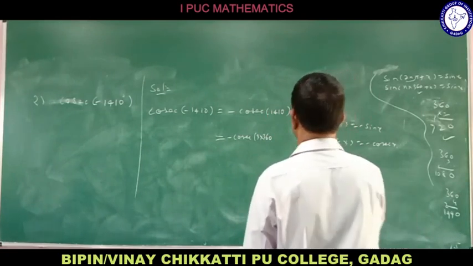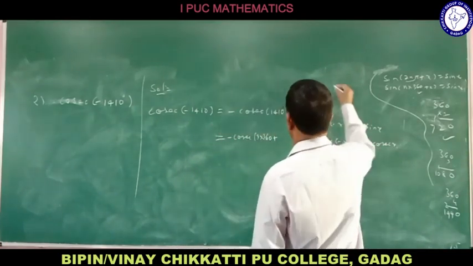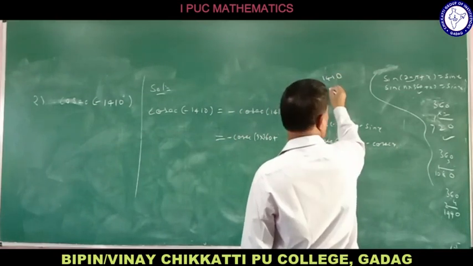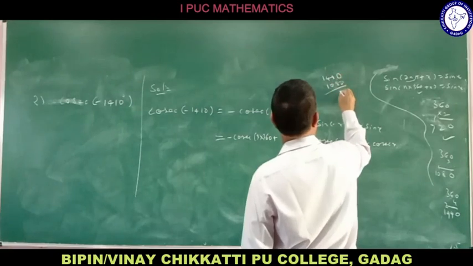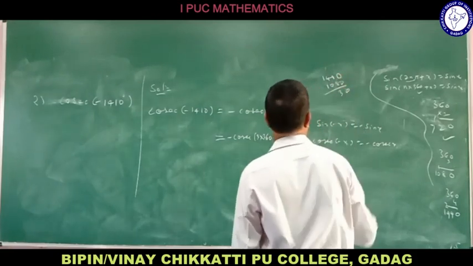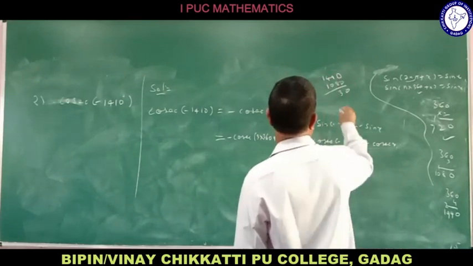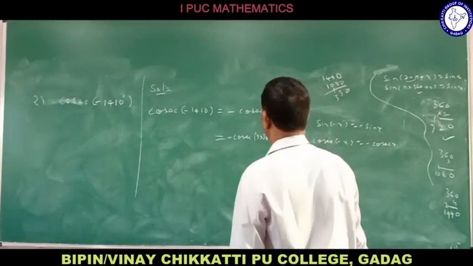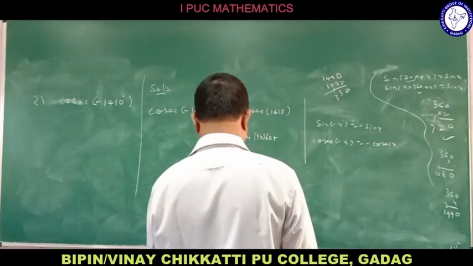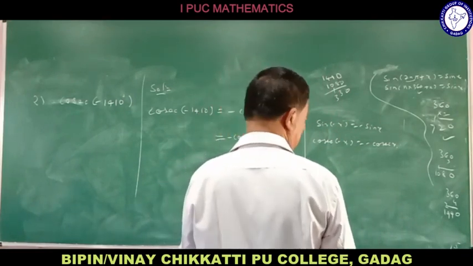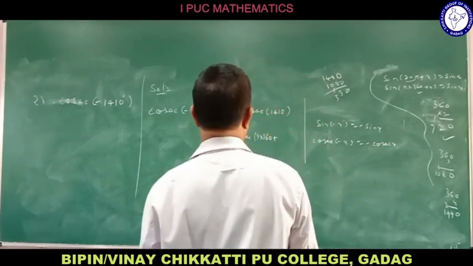You have to see how much is to be taken, and 1410 minus 1080 gives 330. So you have to go for that number of rounds, and accordingly you see the result.